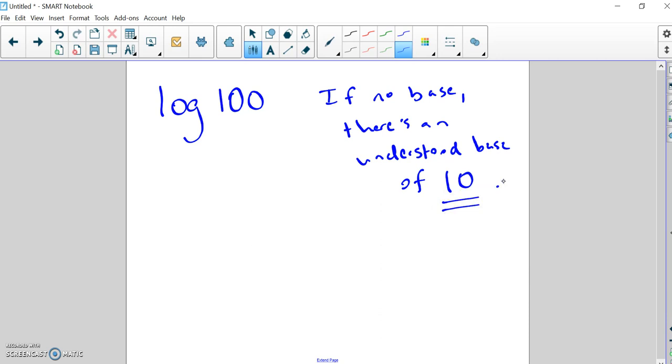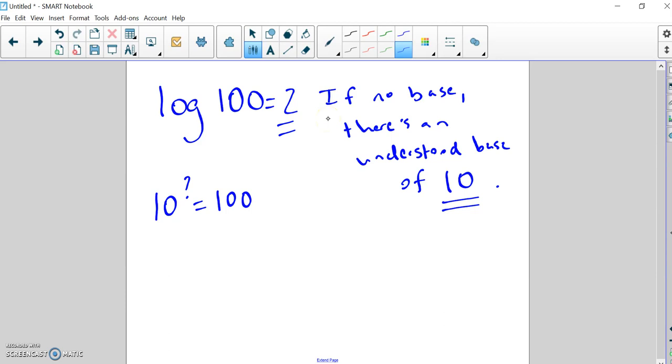There's a log button on a calculator. If you look at any calculator, it'll have a button that just says log, doesn't have a base on it. That button automatically has a log of base 10. So if I ask you something like log of 100, you should ask yourself, invisible number here, 10 to what power gives me 100? And that number is 2. Okay, so if there's no base, there's an understood base of 10.